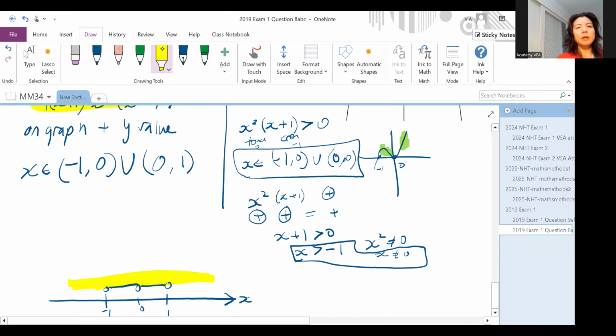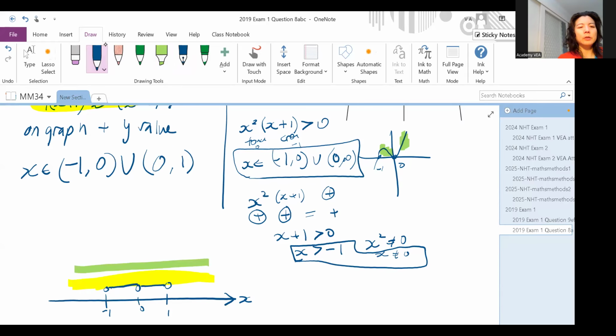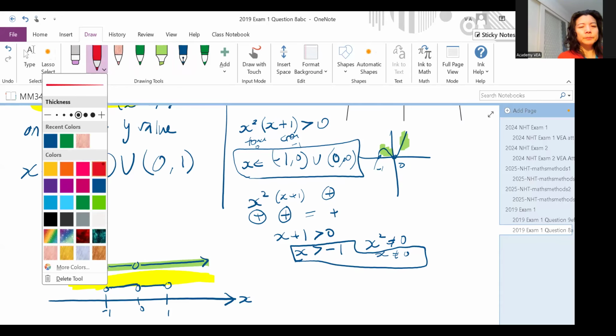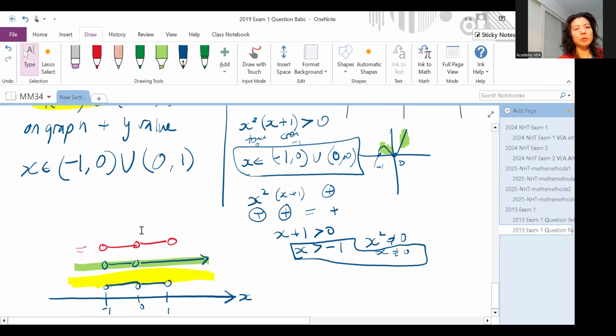And then for the other graph, it's going to be this one. And that domain is from -1 onwards without the 0, and it keeps going. So the overlapping section between those two ends up being the holes at -1, 0, and 1, and then in between the line is joined up.